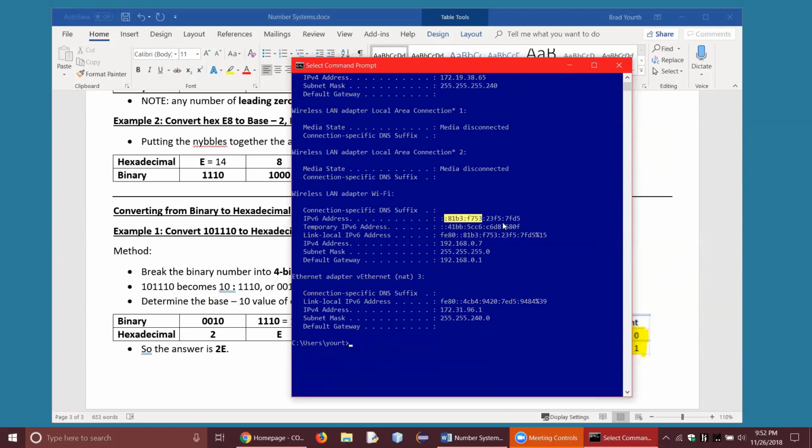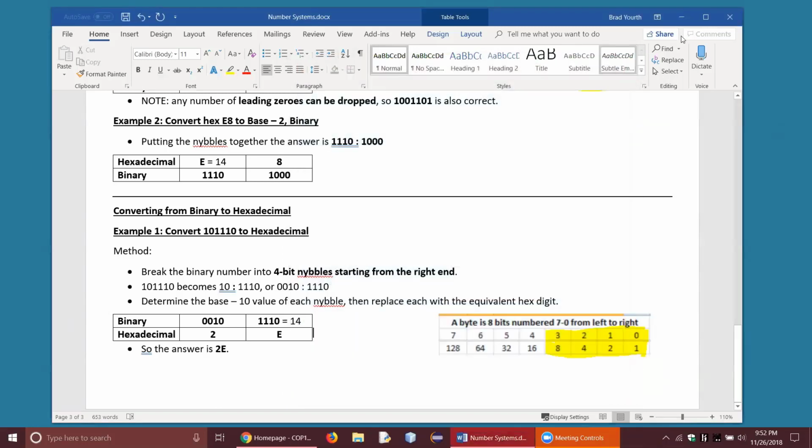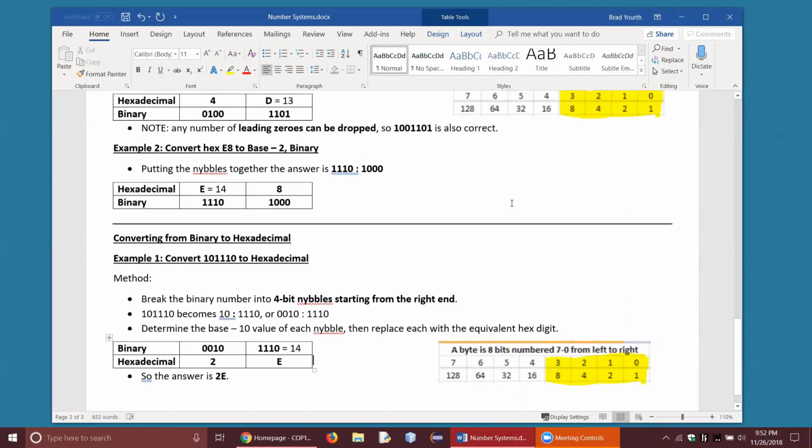Okay, once more, here's some more hex. Where you see the F, this is a good one down here. Look, we've got C and B, but you're never going to see anything greater than an F there, because that's all you get to work with in hex, from A to F. Okay, so just wanted you to see that. That's one of the reasons why we need to know hex.